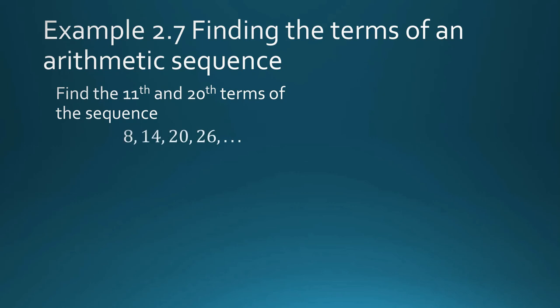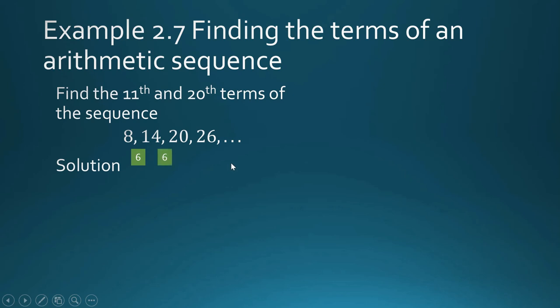Let us get the 11th and the 20th terms. Well, let's check out. Although it's been said it's an arithmetic sequence, so it must have a common difference. So let's check it out. Is it really an arithmetic sequence? So what's the difference between 14 and 8? It's 6. Between 20 and 14, it's also 6.